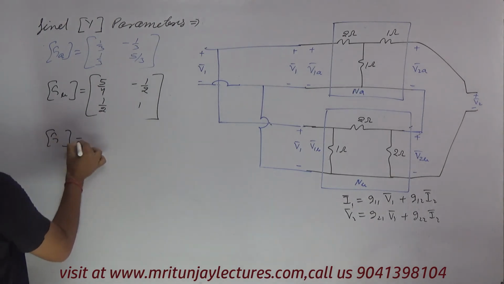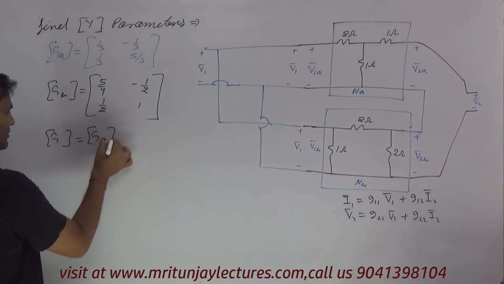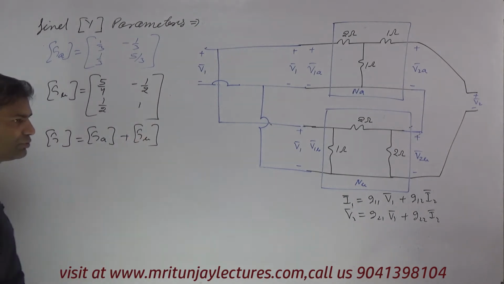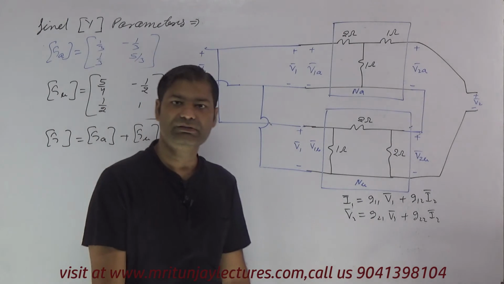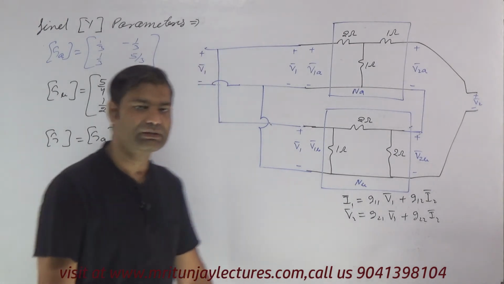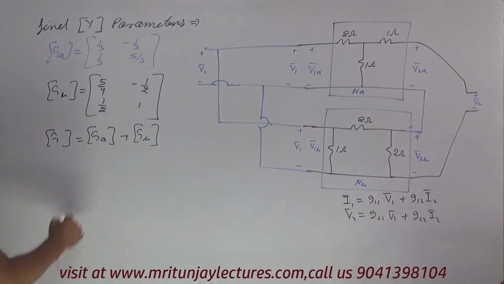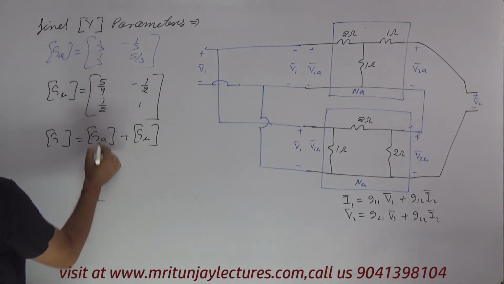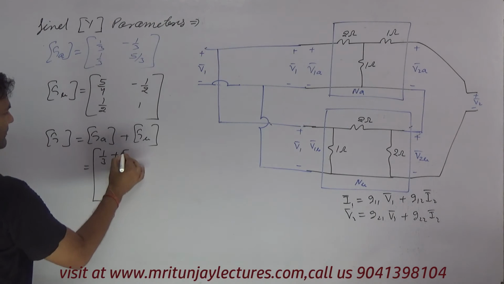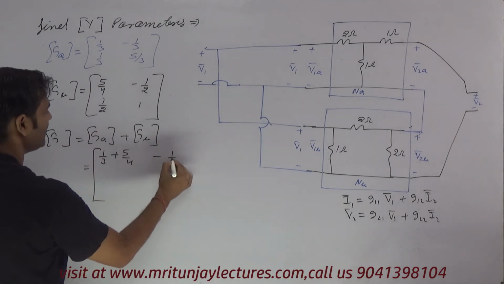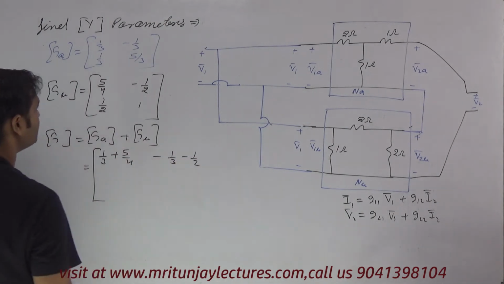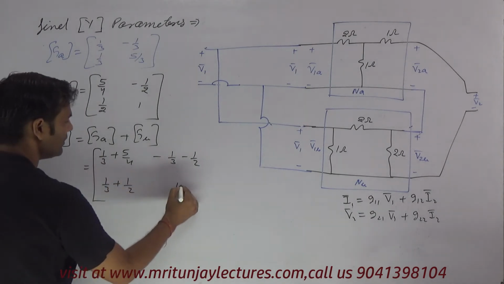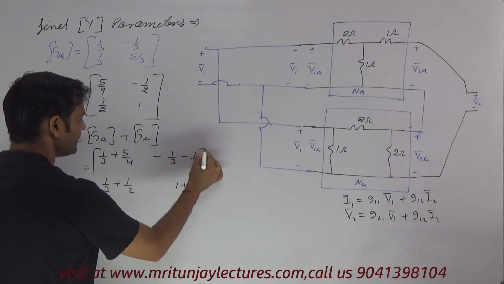G is written as GA plus GB. Why GA plus GB? Because port 1 is parallel and port 2 is series. That's why this combination gives the answer corresponding to this one. I have already proved it in the previous lecture. So 1 by 3 plus 5 by 4, 1 minus 1 by 3 minus 1 by 2, 1 by 3, 1 by 2, 1 plus 5 by 3.